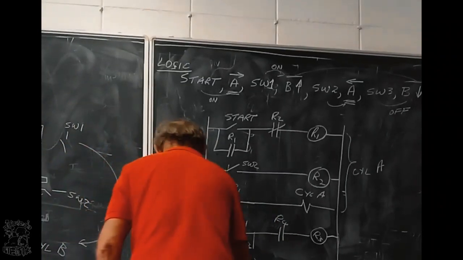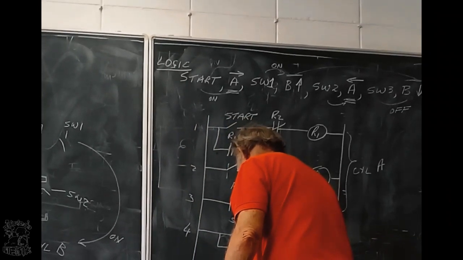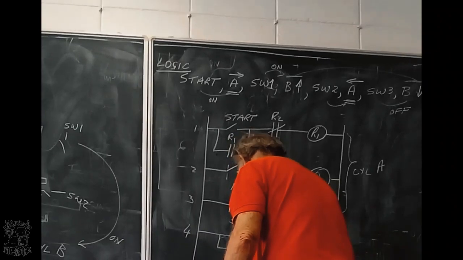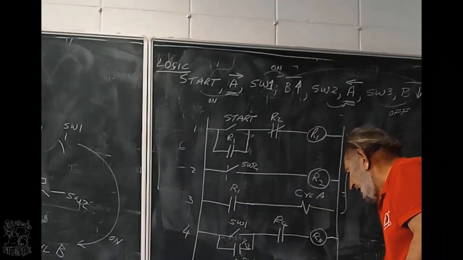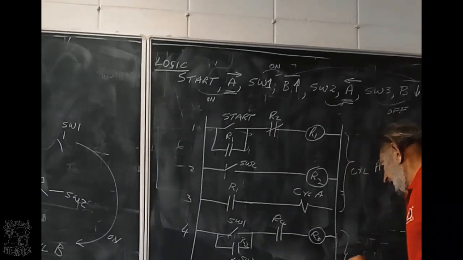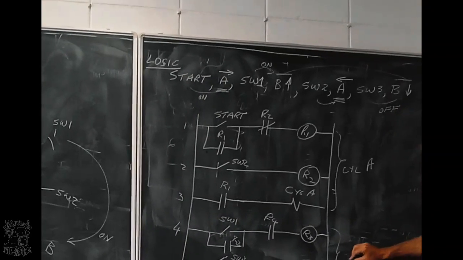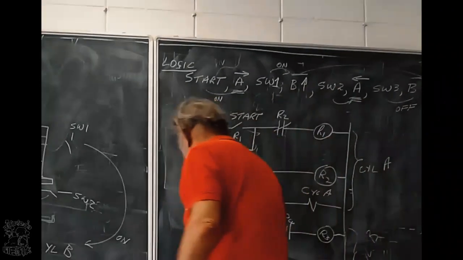While relay 3 has got power, then cylinder B must operate. This is the control of cylinder B. Line 4, 5, and 6.